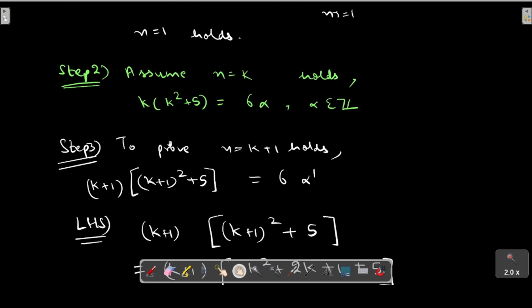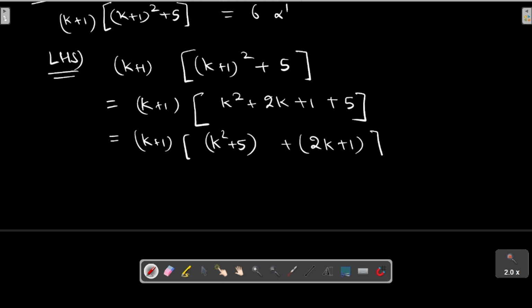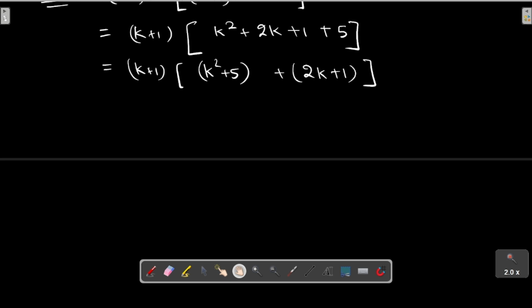Now let's look up. We need k square plus 5, that is equal to 6 alpha, right? We need to club accordingly. So it's k plus 1 (k square plus 5). This is 2k plus 1, right? Now it becomes k (k square plus 5) plus k (2k plus 1).